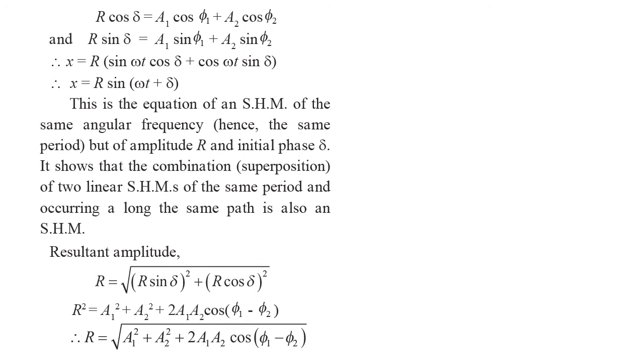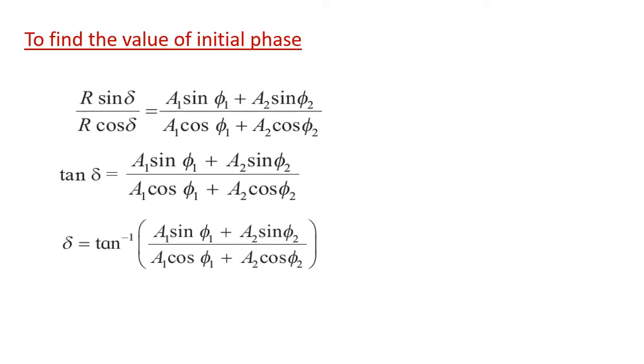Now, if you have to find the initial phase delta of the resultant motion, then you have to divide the equations, that is r sine delta upon r cos delta is equal to a1 sine phi 1 plus a2 sine phi 2 divided by a1 cos phi 1 plus a2 cos phi 2.